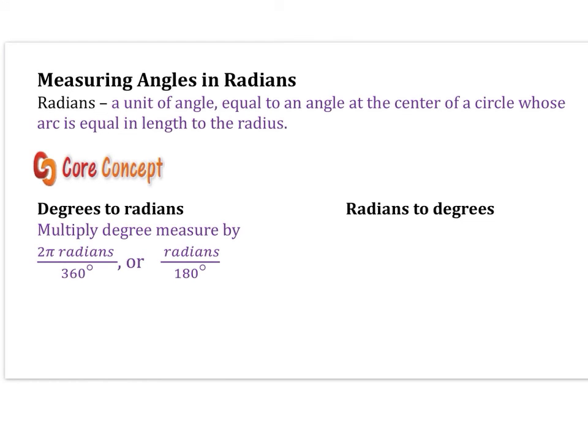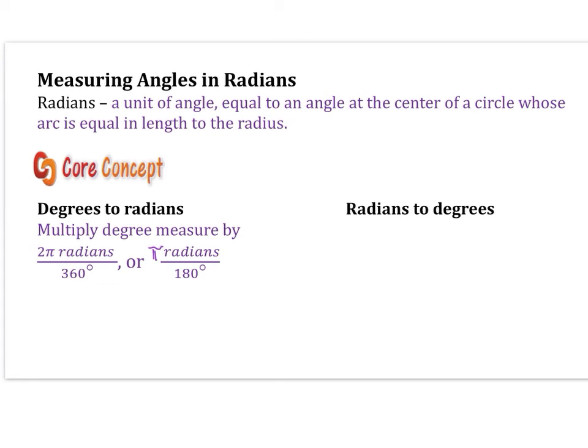Well, for degrees to radians, simply multiply the degree measure that you want to convert by either 2 pi radians divided by 360 or pi radians divided by 180 degrees. One correction, that should be pi radians divided by 180 degrees.